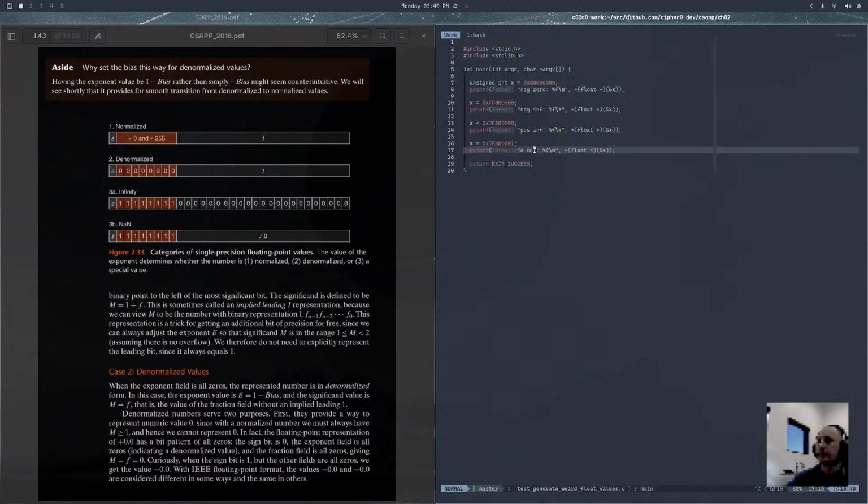Look at that. What else do we want to do? I think that's about it for weird values. Negative 0, negative infinity, positive infinity, nan. I guess, can I get a negative nan? Let's try that. So this would be FF.